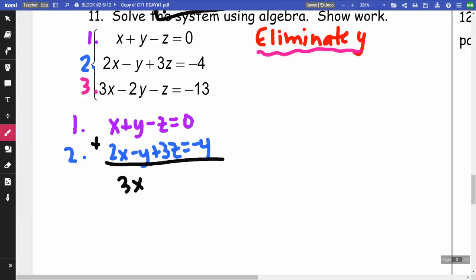I'm going to get a 3x, my y's are going to cancel out, I'm going to get a 2z is equal to -4. I'm going to call this one equation 4 just as a reference.